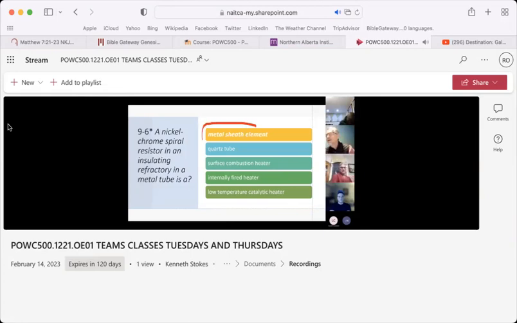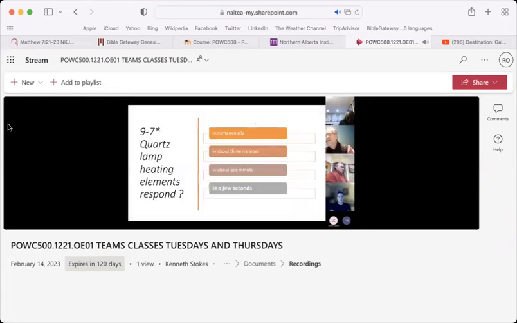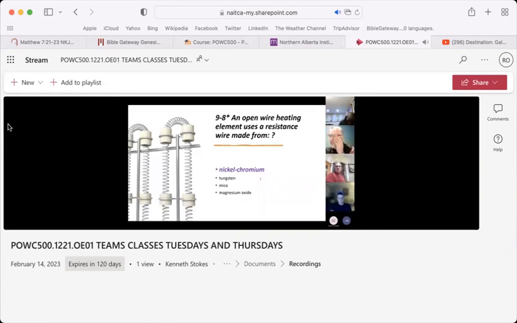This is the heating element called a metal sheath element. What is it you remember about quartz lamp heating elements? They get very hot very fast. When you talk about an open wire heating element, it looks like this, and it's made of nickel chromium or nichrome.